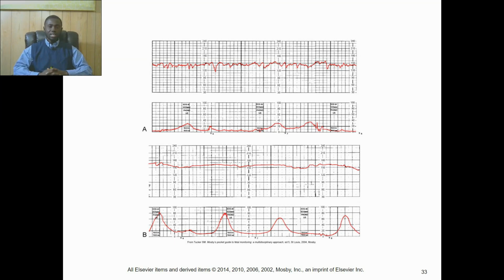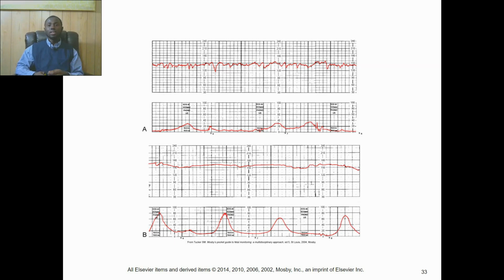A positive test occurs when there are late decelerations occurring with 50% or more of the contractions, even if there are fewer than 3 contractions in 10 minutes. So if there are decelerations occurring in the heart rate of the fetus with 50% of contractions, then it means that the contraction stress test is positive.